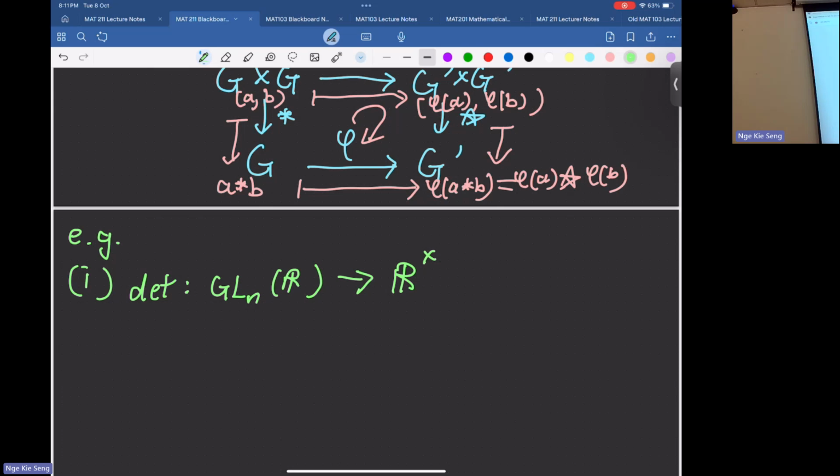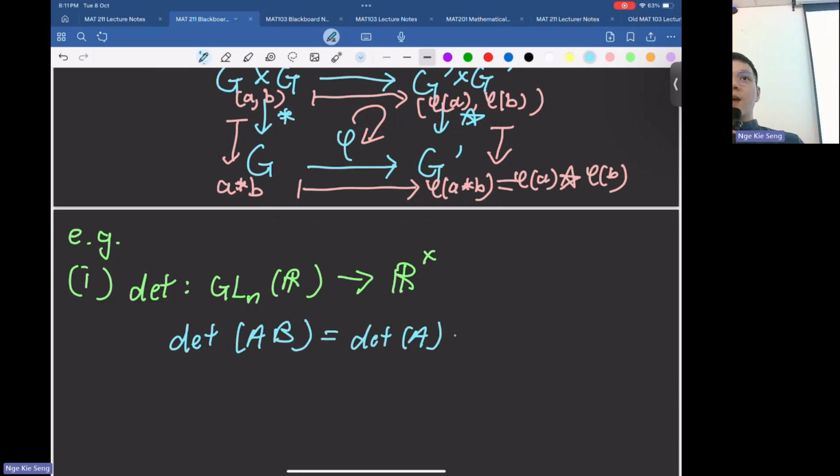So why is it a homomorphism? What equation do you prove? Determinant of AB equals determinant A times determinant B. You turn the product inside the matrices to a product in the real numbers. Determinant is a homomorphism.